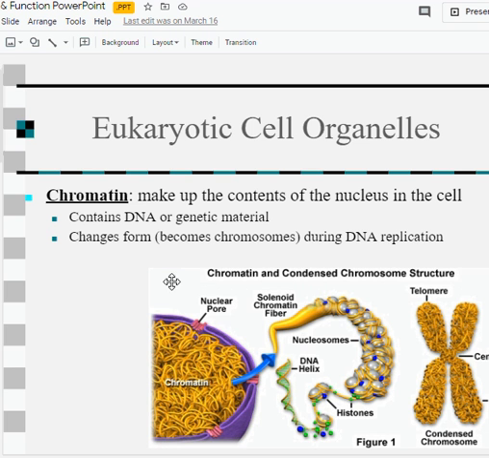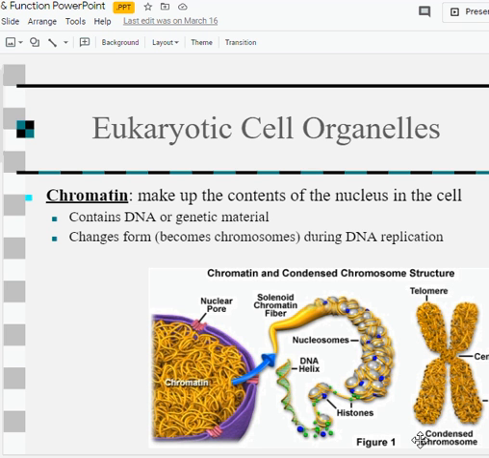Okay, so this shows chromatin. The nucleus actually has nuclear pores that allow RNA to exit, but DNA stays inside. This shows the DNA is actually wrapped in all these little blue and white proteins designed to help coil up the DNA, and it allows chromosomes to be formed.